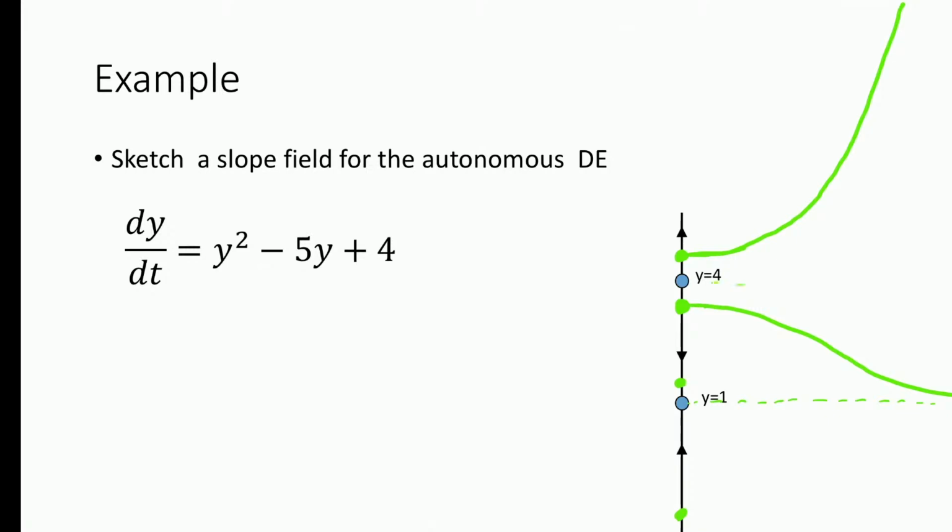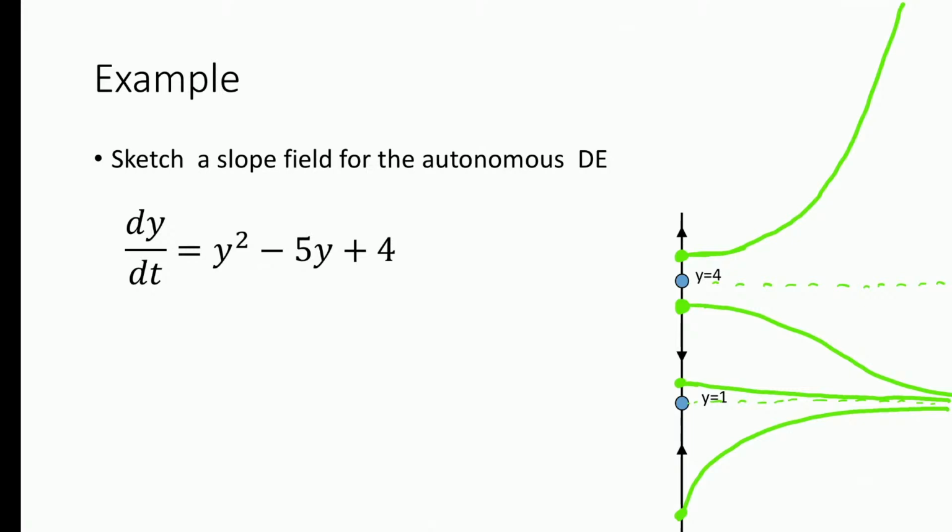Y equals 1 and y equals 4, those are special points. We'll have names for them in a bit. The one that starts out right above y equals 1 doesn't have far to go. It just pretty much drops down and settles in right at y equals 1. And finally, the one below y equals 1 is going to increase and then level off at y equals 1.